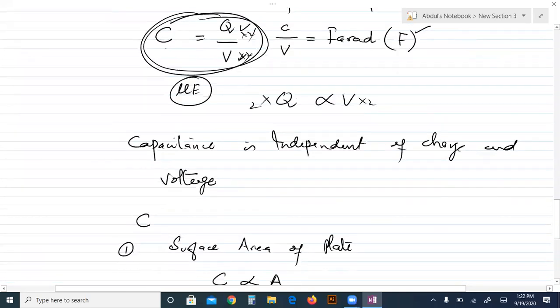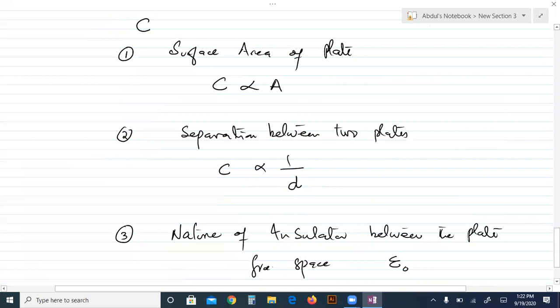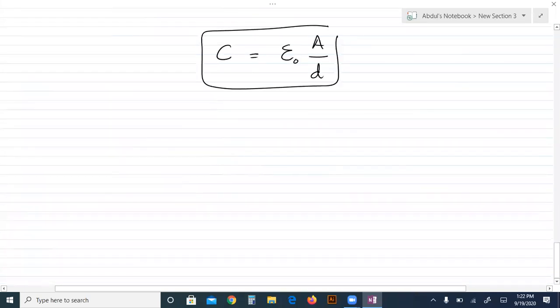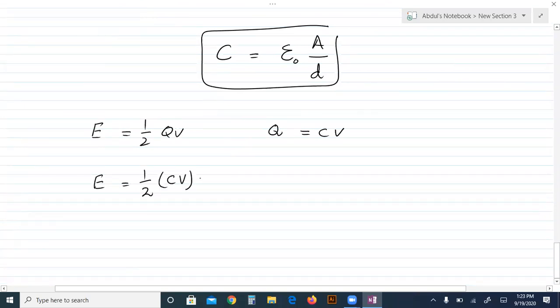So the formula for the energy will be 1 by 2 QV. This is the energy stored by the capacitor. What we have done, Q is equal to CV. So energy is equal to 1 by 2 Q, which is CV, into V. Replace this Q with CV. So the new formula will be 1 by 2 CV square.